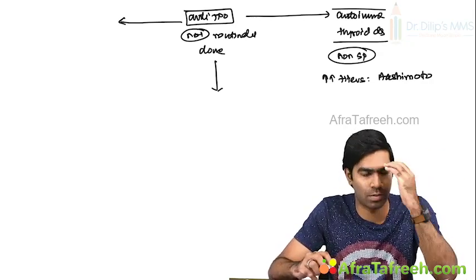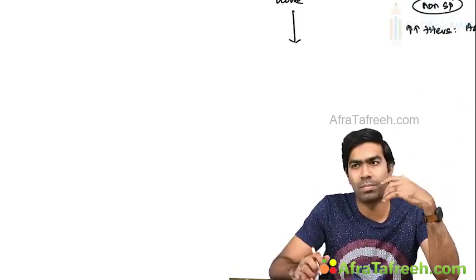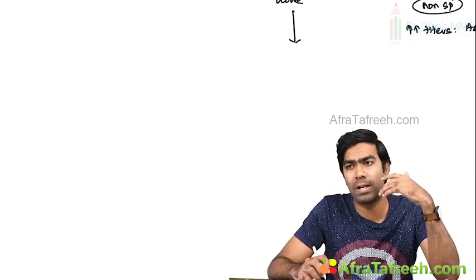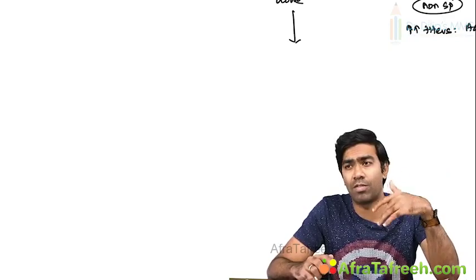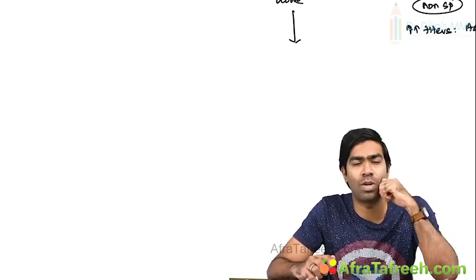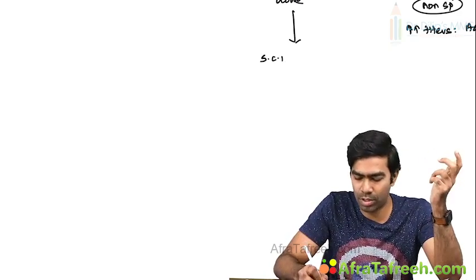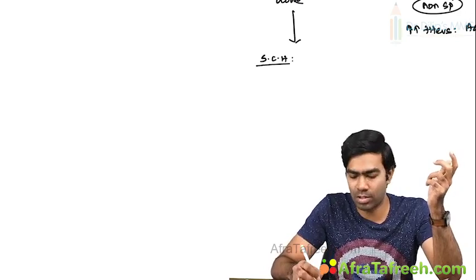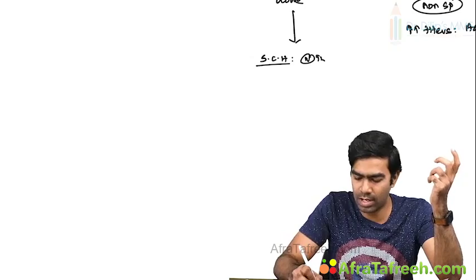Probably, but not confirmed. Then, the second importance: presence of anti-TPO indicates there is an increased risk of conversion of a patient from subclinical hypothyroidism to overt hypothyroidism. First, let me tell you what the picture of subclinical hypothyroidism is. Subclinical hypothyroidism, usually they will have a normal T3 and T4, but they'll have a high TSH.